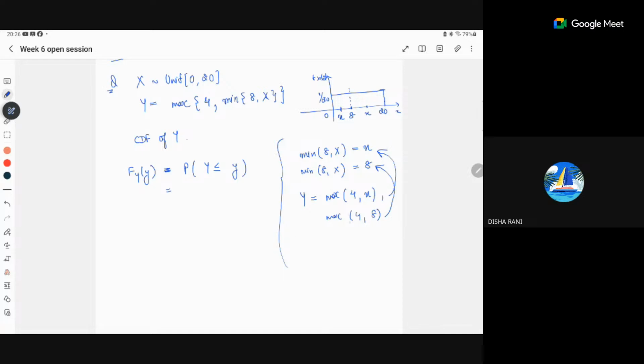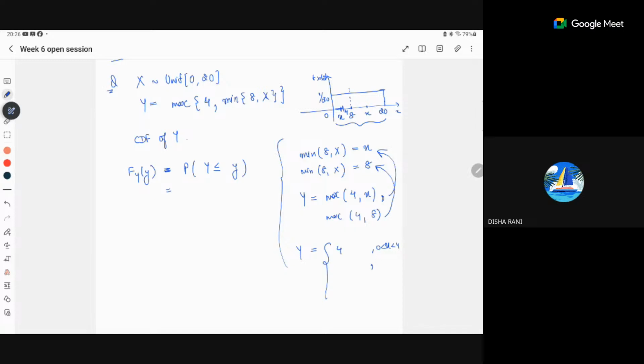Now let's split this again. I'm talking about max of 4 comma x and max of 4 comma 8. X is varying from 0 to 20. If I take any x between 0 to 4, then max of 4 comma x will be 4.